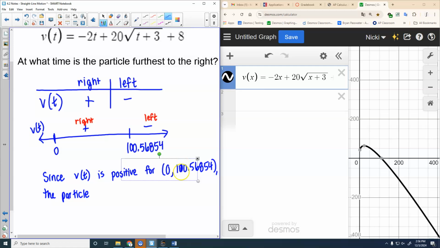Yes, thank you. I've messed it up the whole time. Thank you. I heard some murmurings about things. All right, so since it's positive for this interval, the particle travels to the right during this time interval.